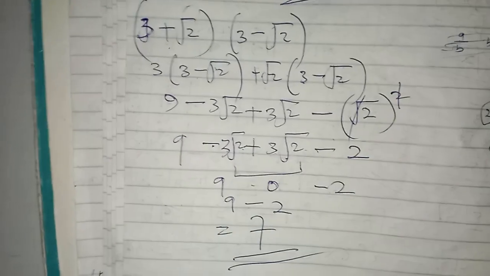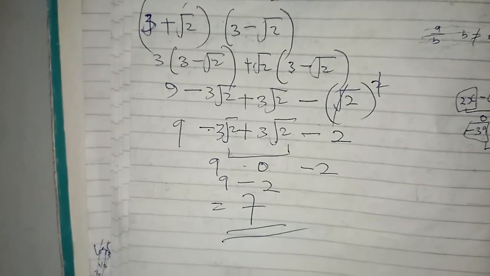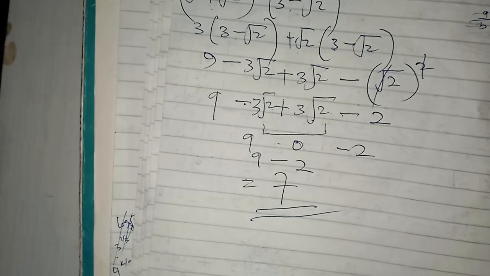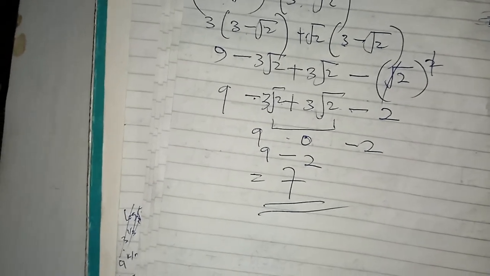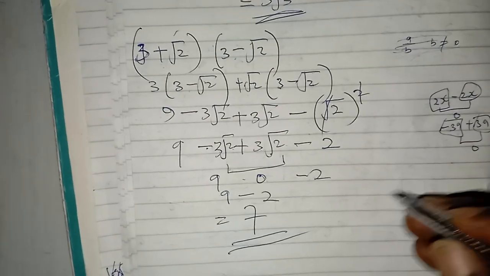So that is why I said we'll call it conjugate, because it will definitely make it such a way that you no longer exist with irrational numbers. You'll come back to the world of what we call rational numbers. Every natural number is a rational number.